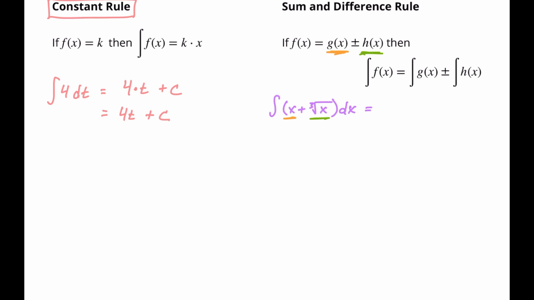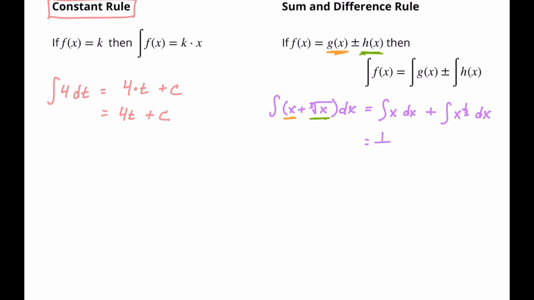So what I want to do then is I want to take the integral of x with respect to x, and I'm going to add, because I'm adding right here, the integral of the cubed root of x, which is x to the 1/3 with respect to x. All right, that should be easy enough. The integral of x, that's x to the first power, so 1 over n plus 1.